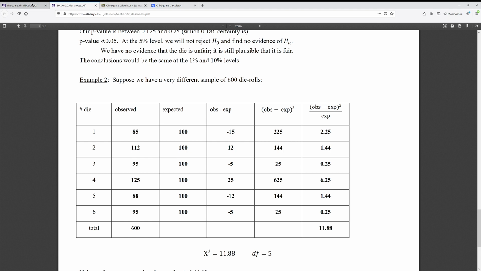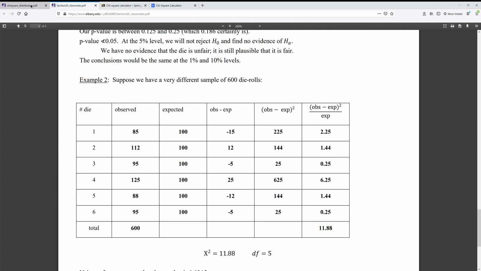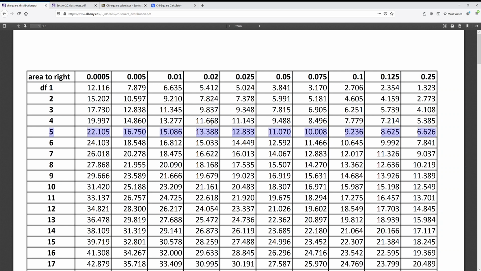Which one is that? This one. What did I say, 11.88? So on the 5 degrees of freedom line, there we go. I'm looking for mine, 11.88, which is there.